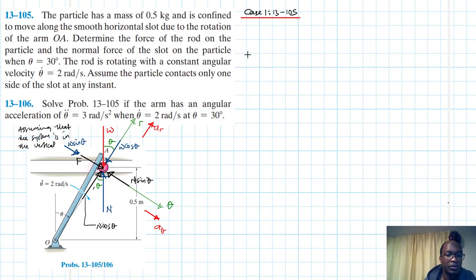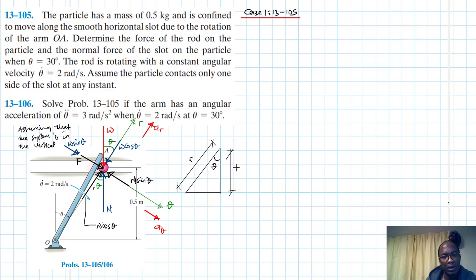To start with, let's define r. That's our r, and that one there is our height. This one here is the angle.